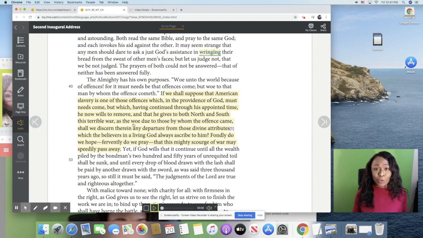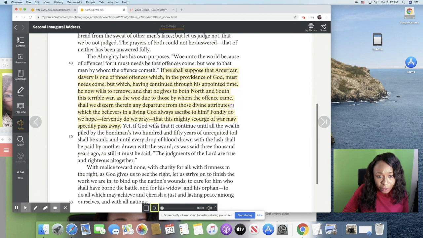And it's God's will because the North is winning and the North is going to win. So God is saying that this slavery should be over with now. So you agree with God and they agree with God. So let's just all agree. That's the whole point of this inaugural address, to unify the nation. I'm just trying to make it as simple as possible. Let's all unite as we go forward.